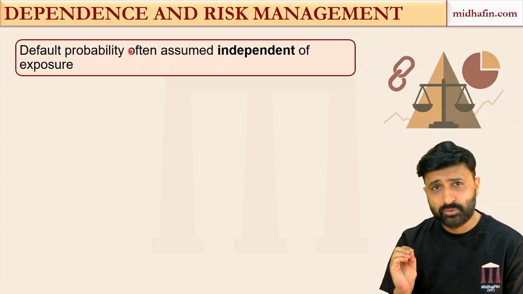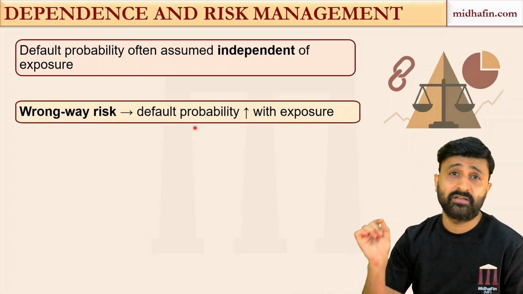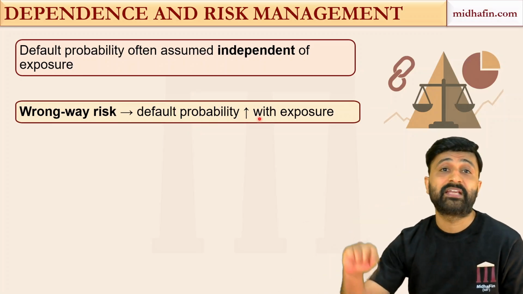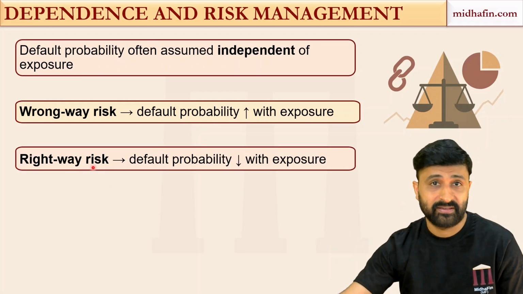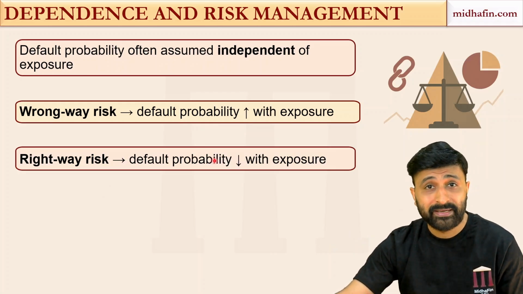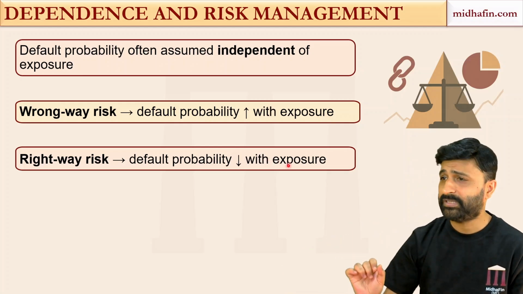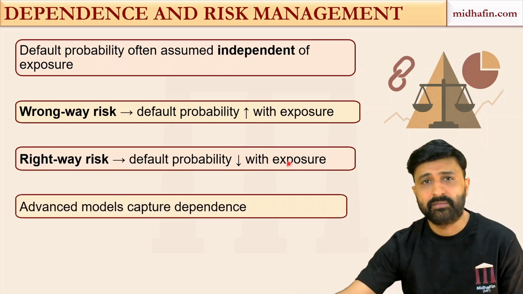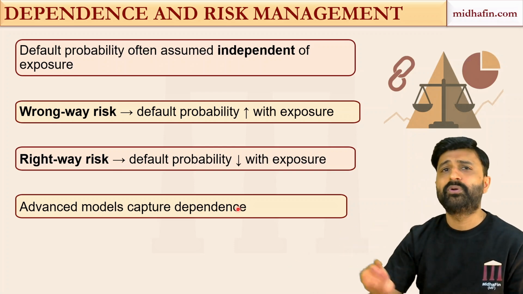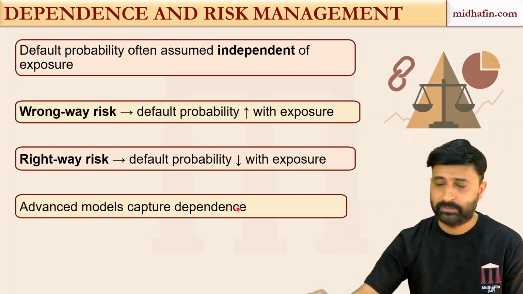Now, traders use the term wrong way risk to describe the situation where the default probability is positively correlated with the exposure, and the term right way risk to describe the cases where the default probability is negatively correlated with the exposure. More complicated models than the ones that we discussed have been developed to describe dependence between default probability as well as exposure.